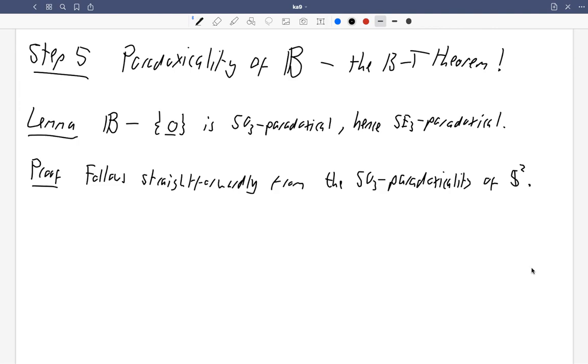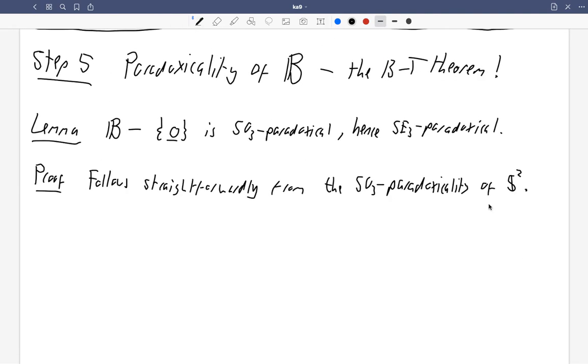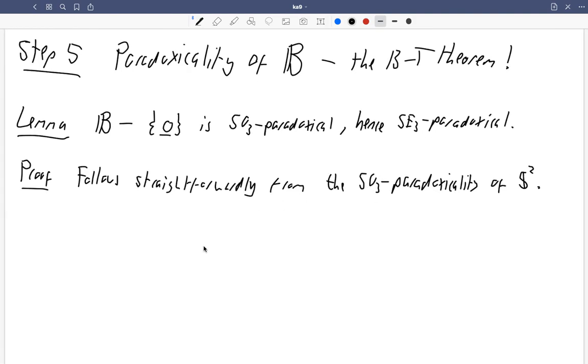And so the missing thing we need to do now is this. We've got that the ball without the origin is SE3 paradoxical. We just want to put the origin back in.